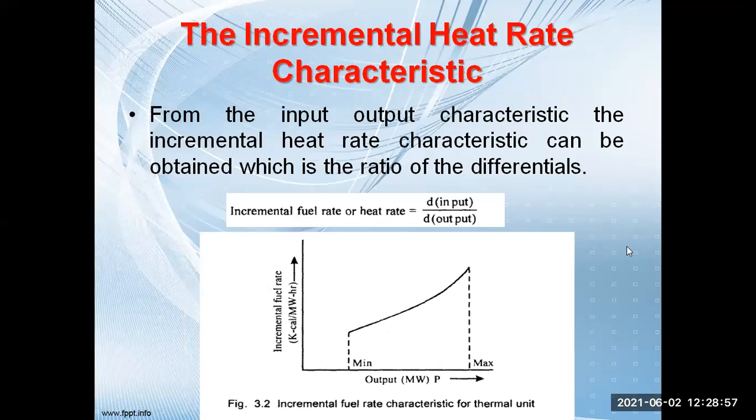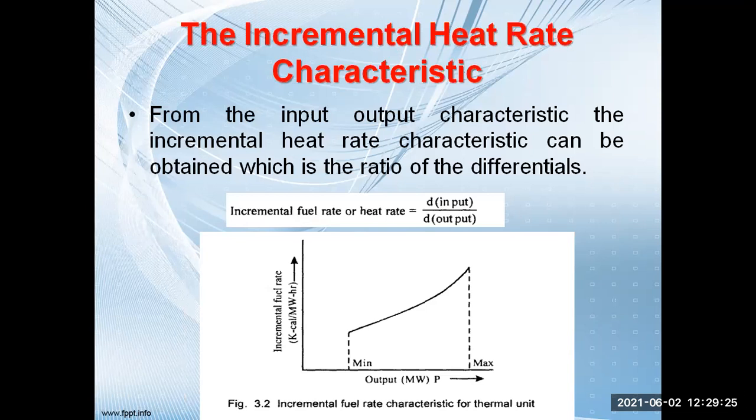Now, next is the incremental heat rate characteristic. Incremental means what? It is the rate. Rate means some kind of differentiation, some kind of derivative. So what will be the derivative here? It is differentiation with respect to the input divided by differentiation with respect to the output.